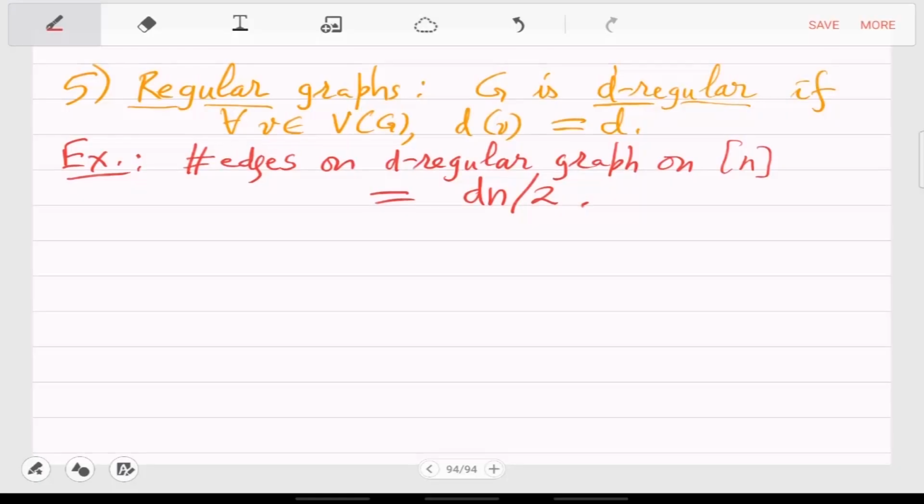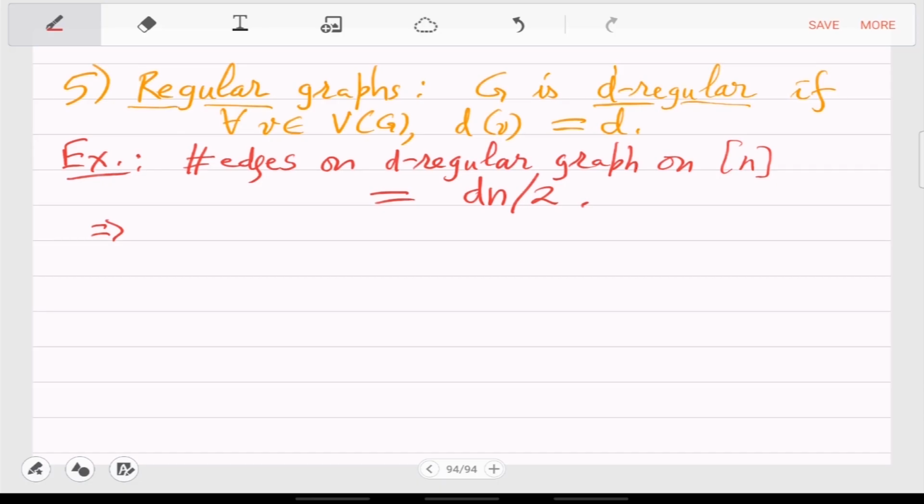So now can you draw a graph which is, let's say, 5-regular on 101 vertices? Why not? Yeah, so this formula tells you that one of D or N should be even. If both D and N are odd, then the graph doesn't exist, right?